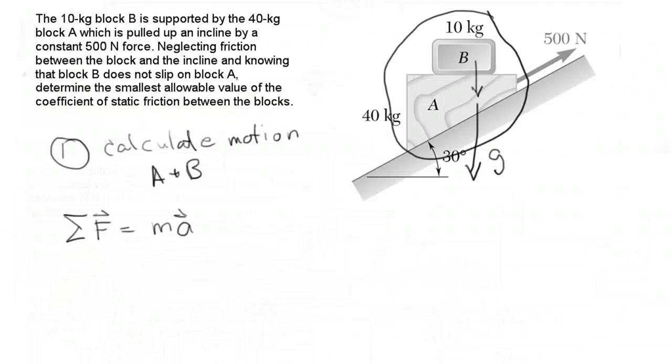So that's the first. The other consideration here is to choose an easy coordinate system. We could choose here's x and y, and you can see if we do this, because of this 30-degree angle, we're going to have motion in both x and y.